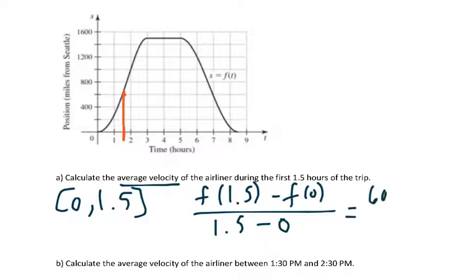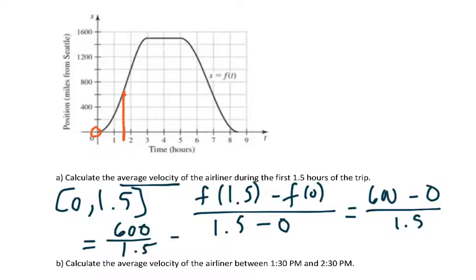So this is 600 minus 0 divided by 1.5, because over here at 0 it's 0. So 600 divided by 1.5 gets me about 400 miles per hour.